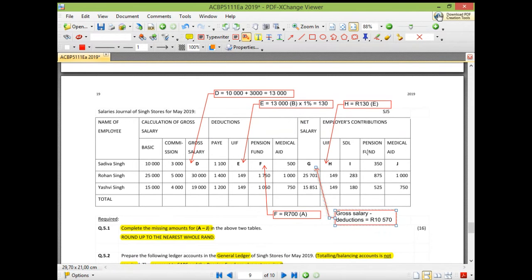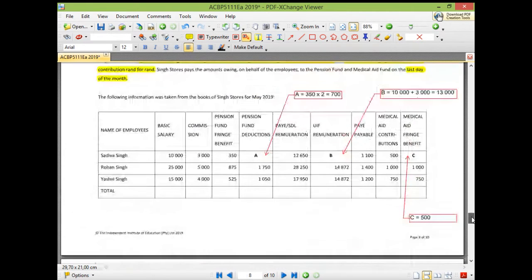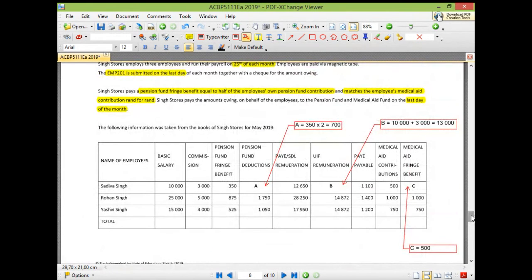Now, how do we calculate the SDL? What remuneration is SDL based on? Okay, let me scroll up again. So based on the table here, you take the pay as you earn SDL column to work out the SDL amount.